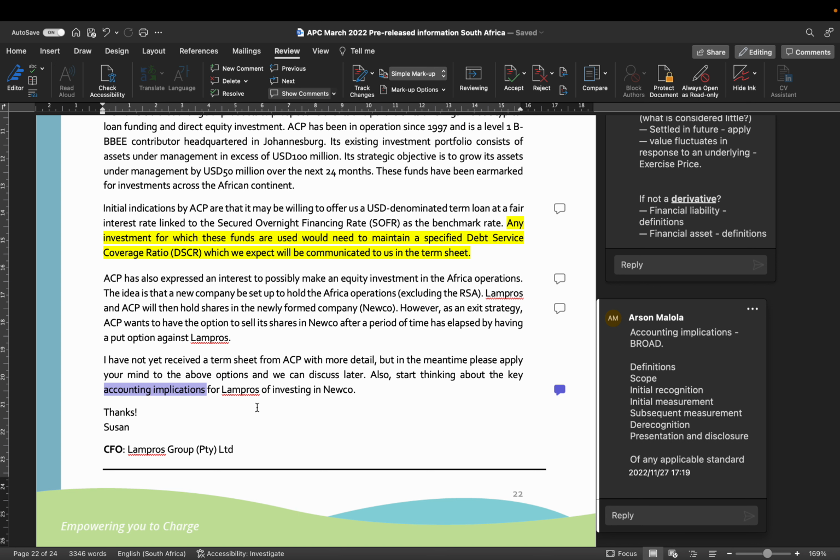With a broad trigger like this, keep it to the basics, keep it to the fundamentals. You can use your ITC syllabus as a bit of a guide in terms of what the fundamentals are when doing your research. But again, broad fundamentals. Where you have a trigger like this, accounting implications, and very high level information, like the paragraph here, keep it to the fundamentals.